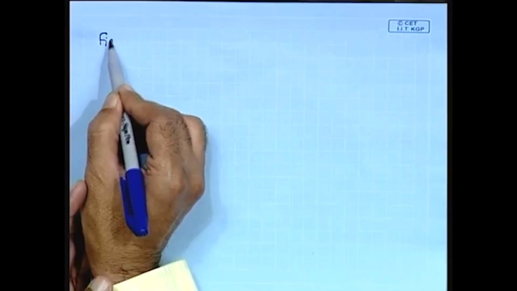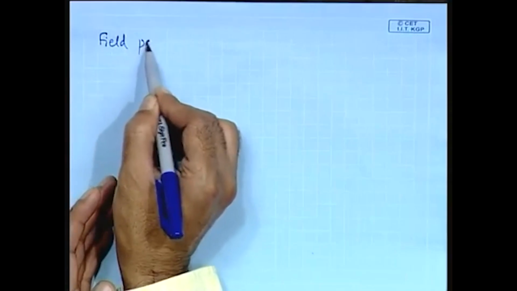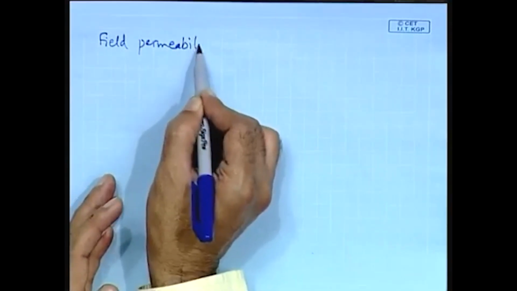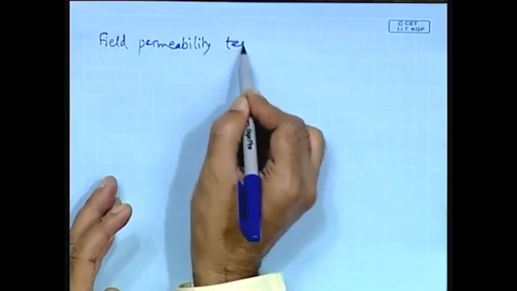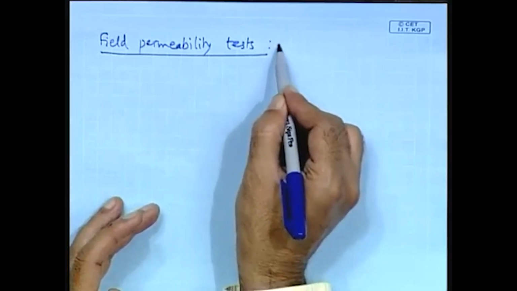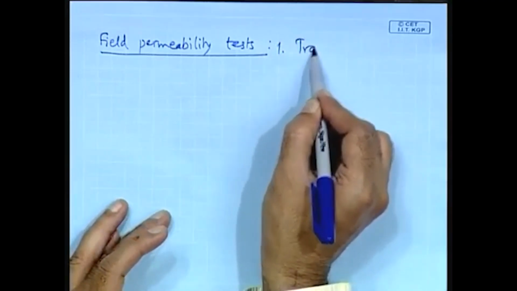Firstly, let us consider the field permeability determination test, and in this, firstly let us say the tracer test.